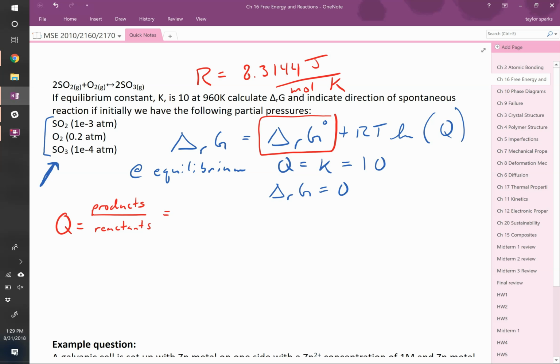That tells you that under those partial pressure conditions, you're not at equilibrium. And therefore, something's going to happen. It's either going to go forward or backwards. Solve Q, and use K to figure out what delta Rg naught is. Delta Rg naught doesn't change. That's the theory part of it. It doesn't care what's happening in the reaction. It's just the theory part.